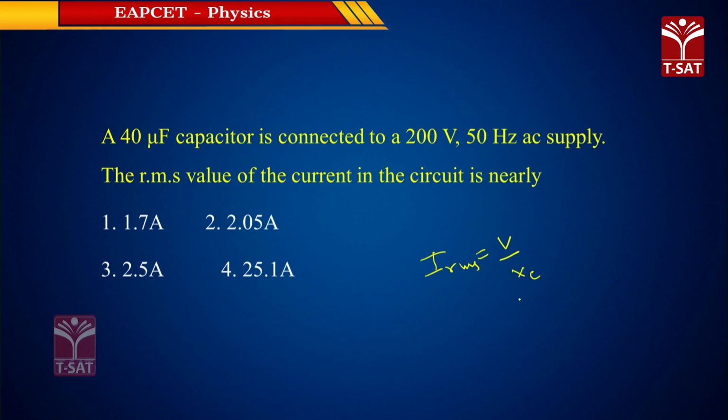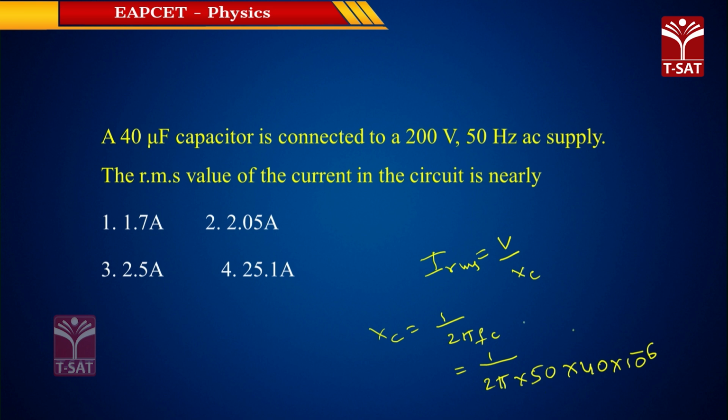First you find out the XC value. XC is equal to 1 by 2 pi FC. Substitute 1 by 2 pi, frequency 50, capacity 40 into 10 to the power minus 6, micro means 10 to the power minus 6.